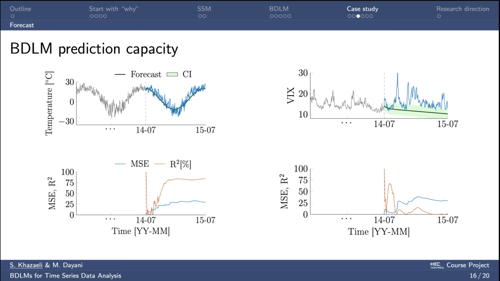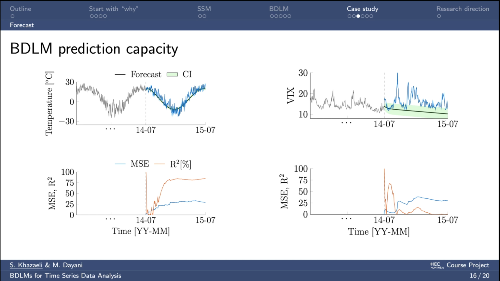We did the same investigation on the VIX data. As you can see, the model predicts a decreasing trend for the whole year. But the time series shows an increasing trend and then a decreasing one. This can be seen clearly through MSE and R squared. For a short period of time, there is a low MSE and high correlation, but it vanishes very rapidly. So we can say that this model is good for short-term predictions.